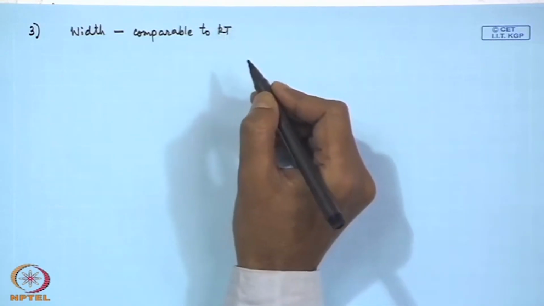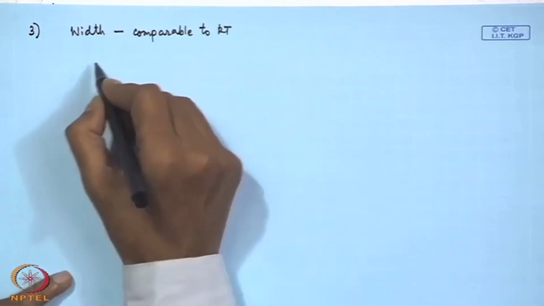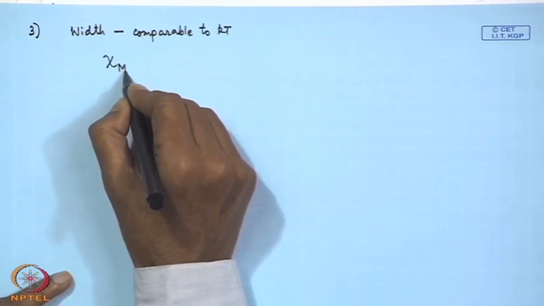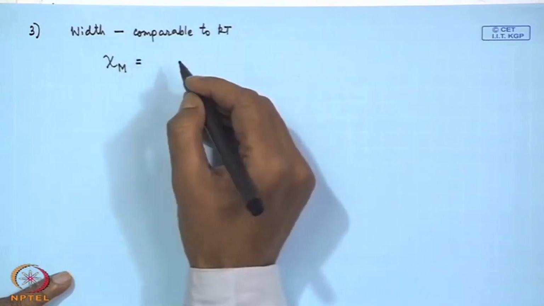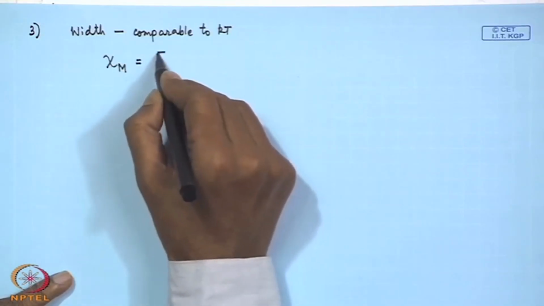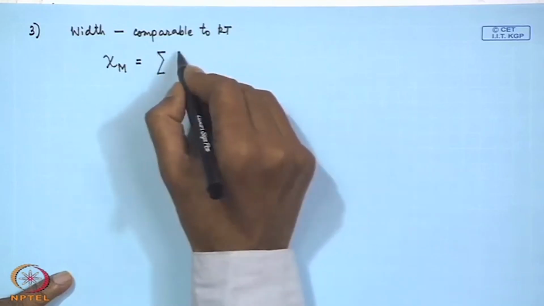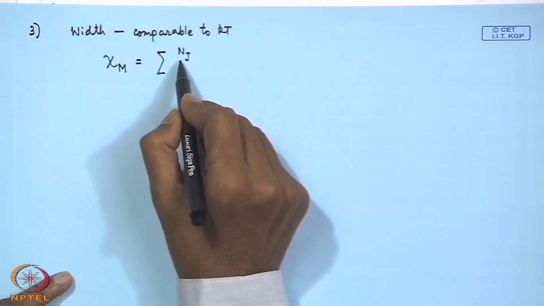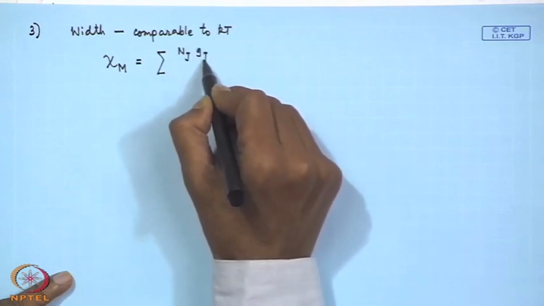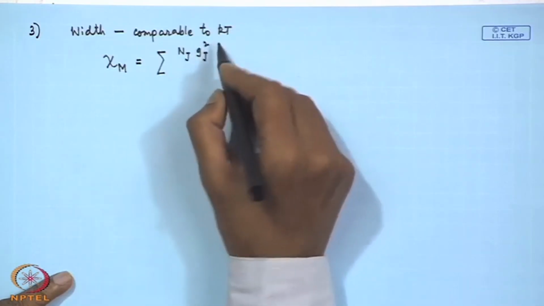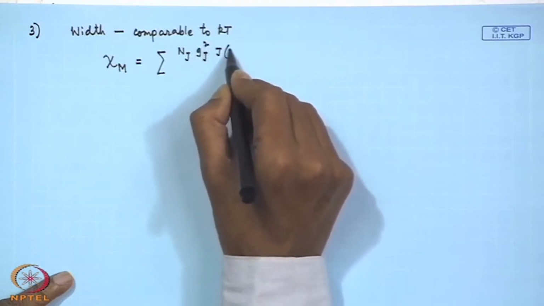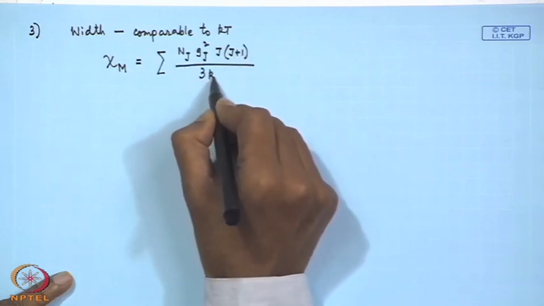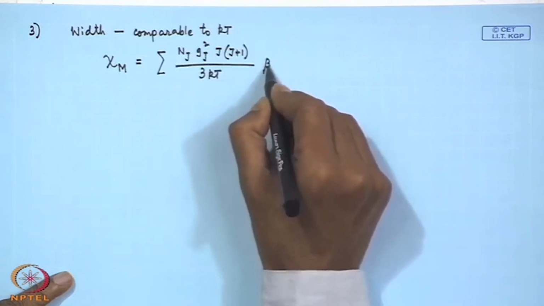we get a situation where we see how the individual ions are being populated for the different levels. For that we can have the summation over the different J levels, that means the population of the different J levels with the g_J values for those levels, g_J square into J into J plus 1 divided by 3 kT into beta square.